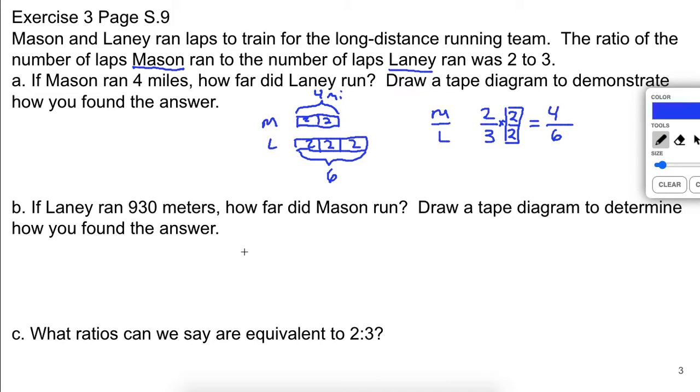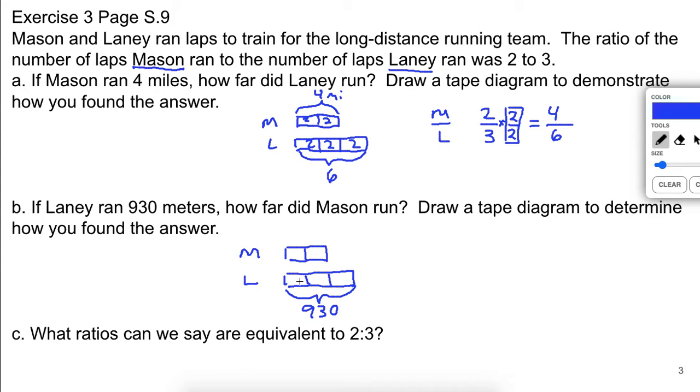So let's again start by drawing out our tape diagram. So we have our Mason's and Laney's. But in this case, they tell us how much Laney did. So we know that these three pieces are equal to 930.